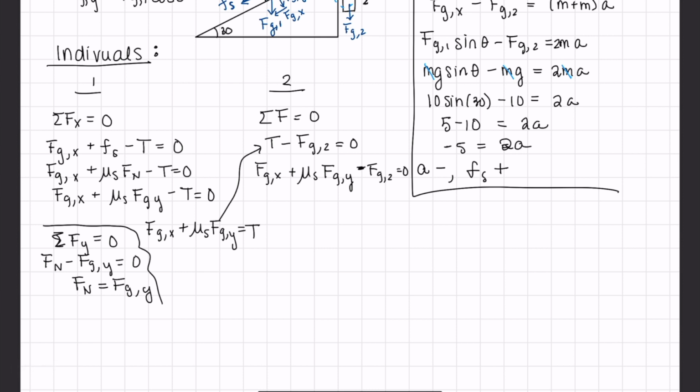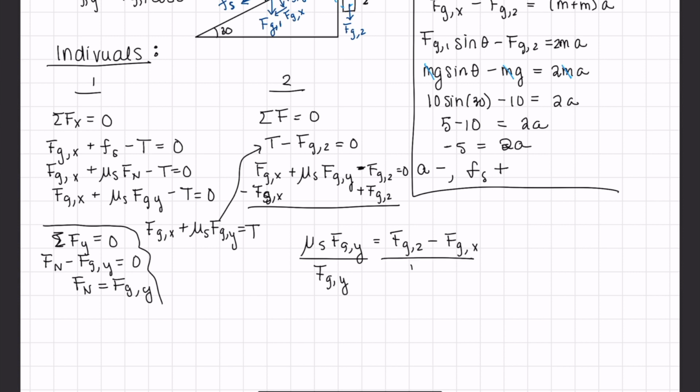Now we're solving for mu s, so I'm going to subtract FGX and add FG2 to both sides. I don't have the space, so I'm going to write them there and then just rewrite on the next line the outcome. So we'll have FG2 minus FGX, and then we can divide out this FGY.